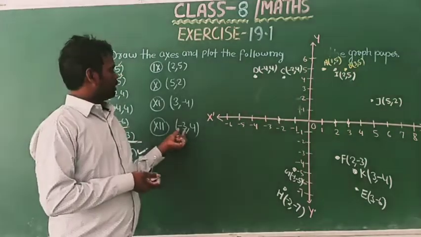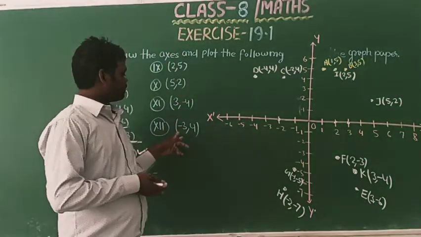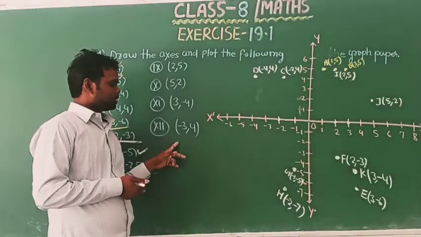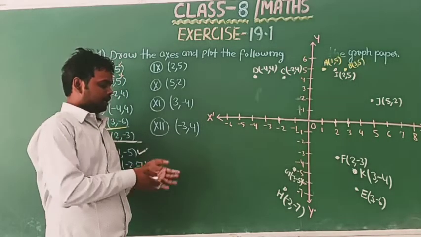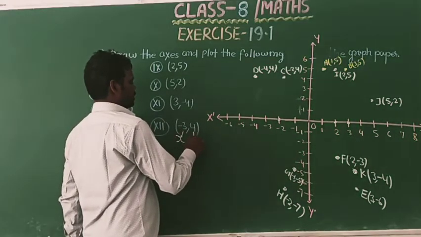The last point is (-3, 4). It lies in the second quadrant, where the x coordinate is -3 and the y coordinate is 4.